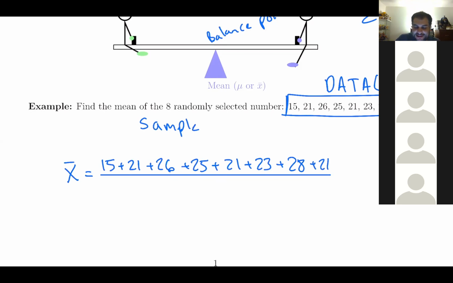So since there are 8 randomly selected numbers, you divide it by 8. So you get 180 divided by 8. If you do 180 divided by 8, you get 22.5. All right, and that's how you find the average.